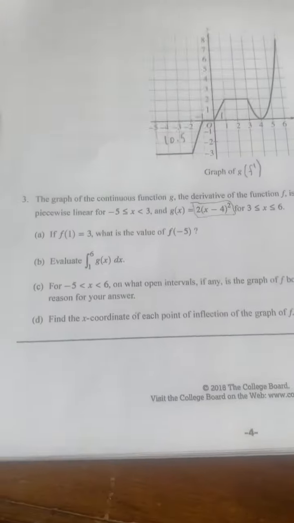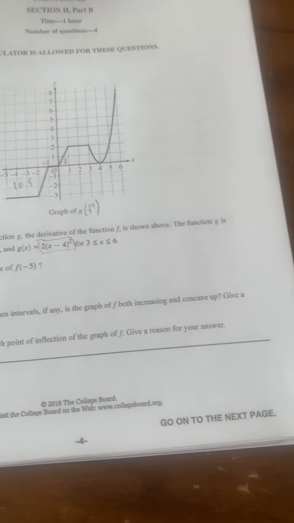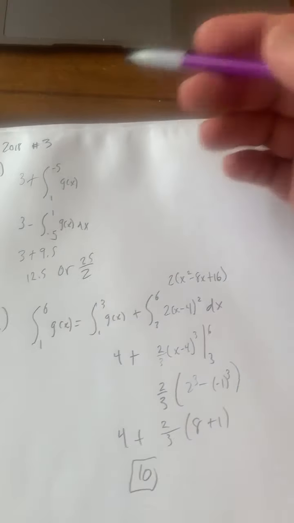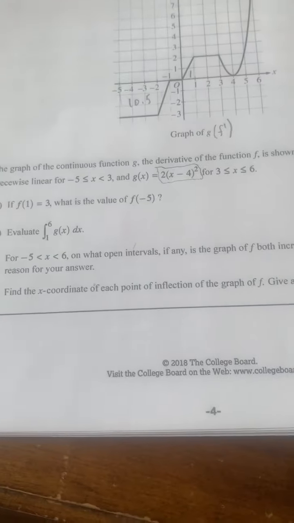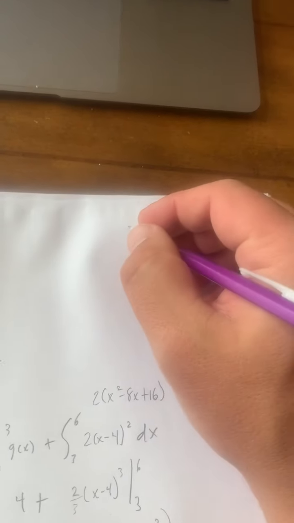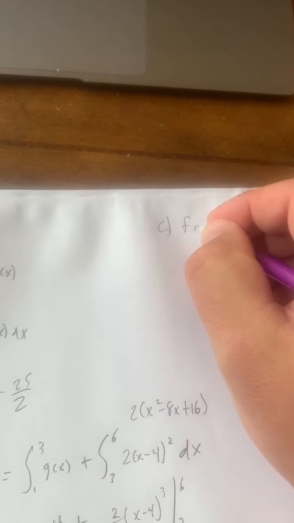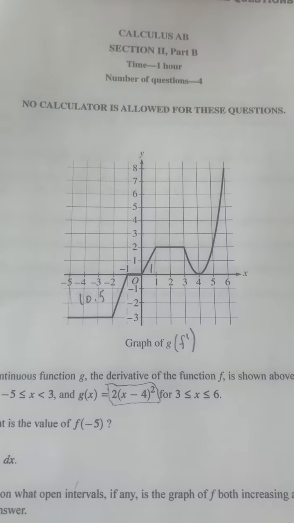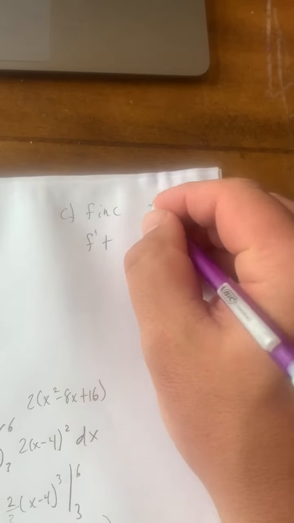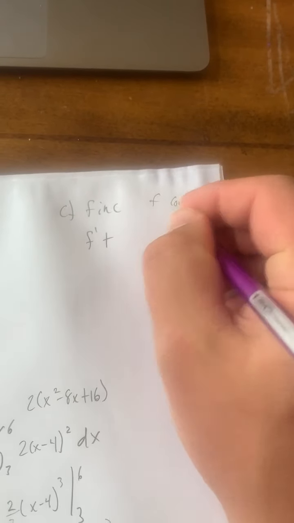That's that there. And it says, at what open intervals, if any, is the graph both increasing and concave up? Give a reason for your answer. So we're going to write out that cheat sheet. F prime positive means f increasing. So if f is increasing, that means that f prime is positive. This is a picture of f prime. And then if f is concave up, that means f double prime is positive, which is the slope here.